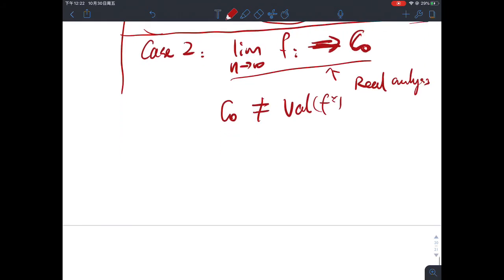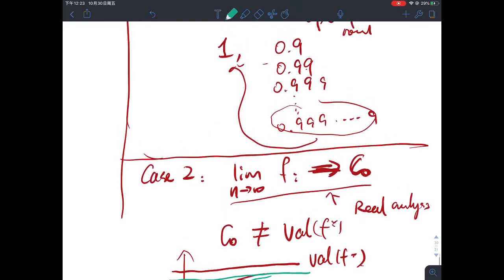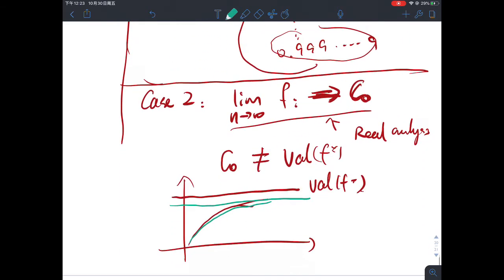We haven't ruled out the possibility that the optimum solution looks like this, the value of the optimum solution, but when you run the Ford-Fulkerson algorithm, it converges to a different value. There's a ceiling here, because we only use some basic result of real analysis.